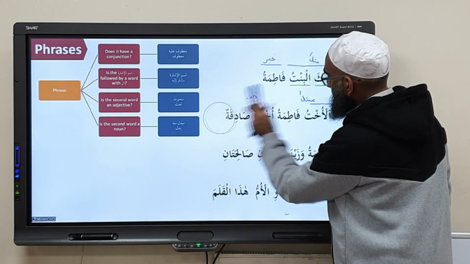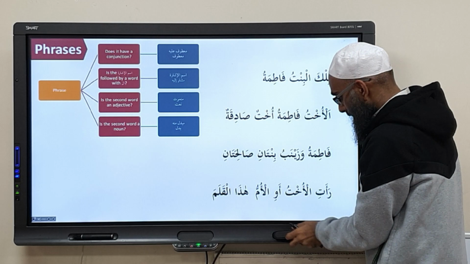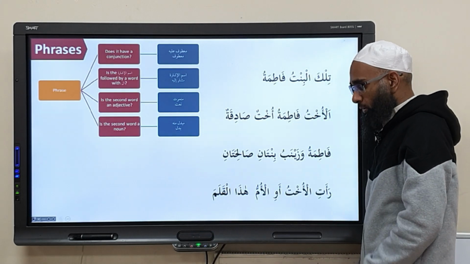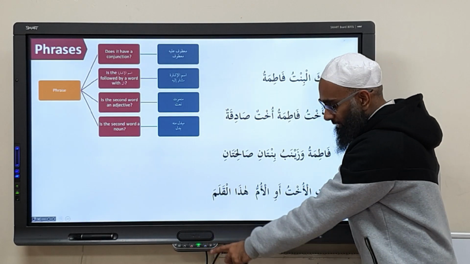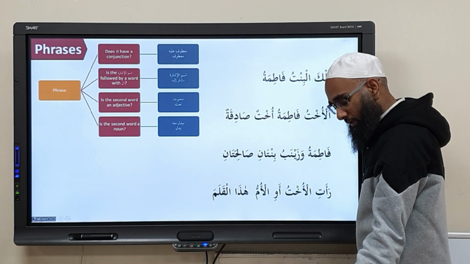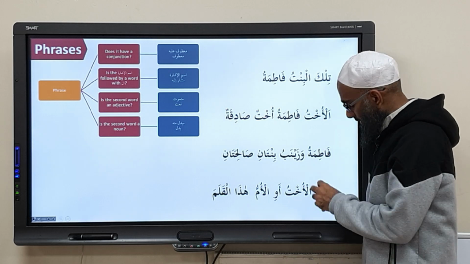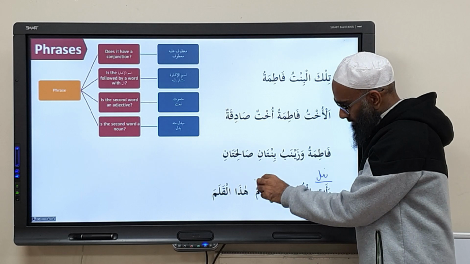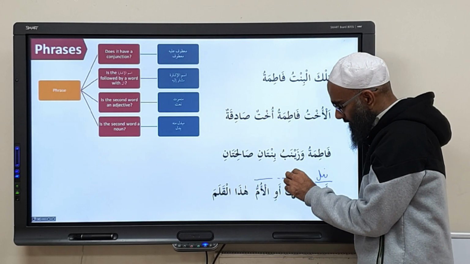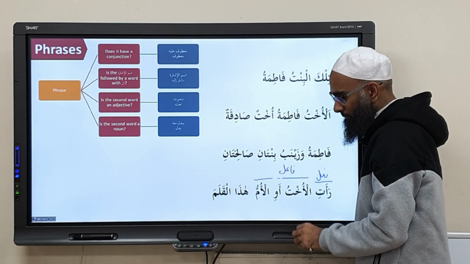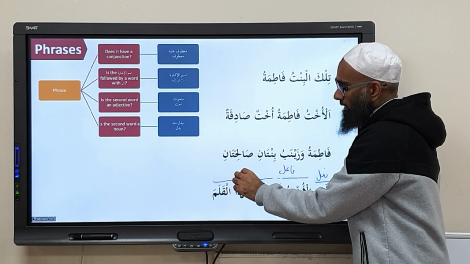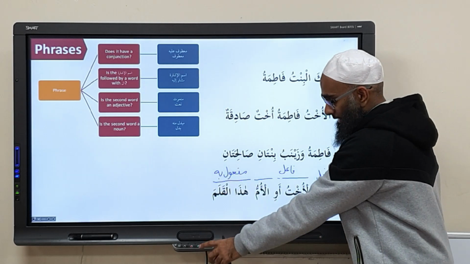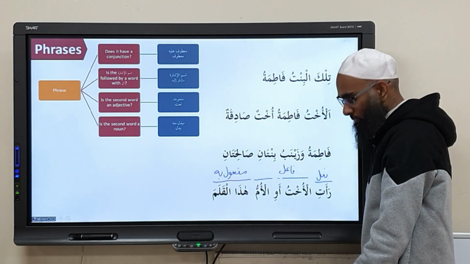Your turn. At the bottom, what's the one we have? Ra'atil ukhtu aw al-ummu hadha al-qalam. رأت is فعل. الأخت أو الأم is فاعل. هذا القلم is مفعول به. And then the phrases.